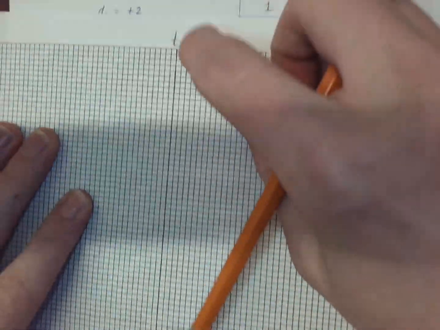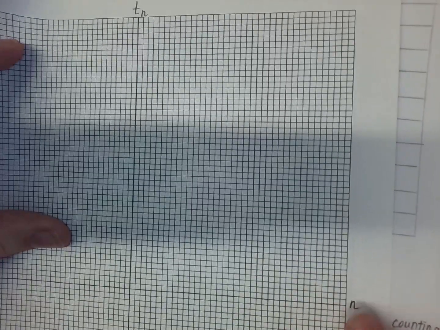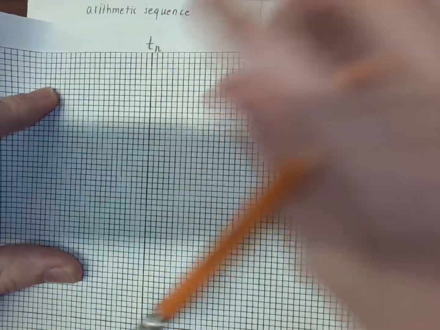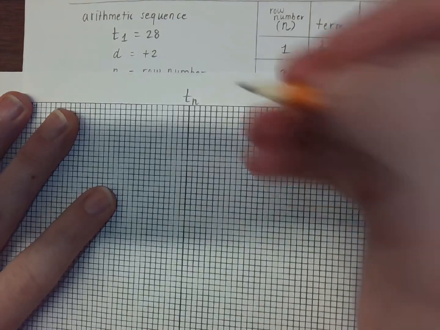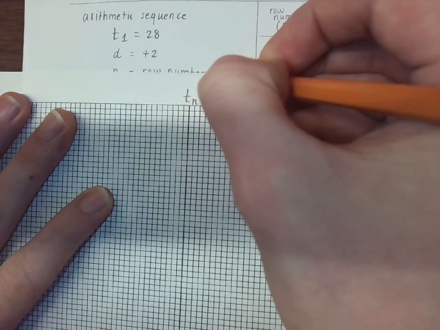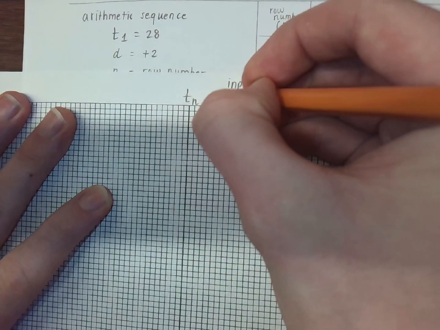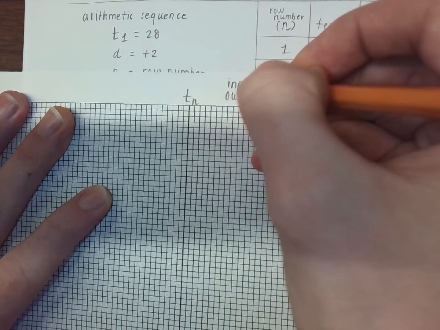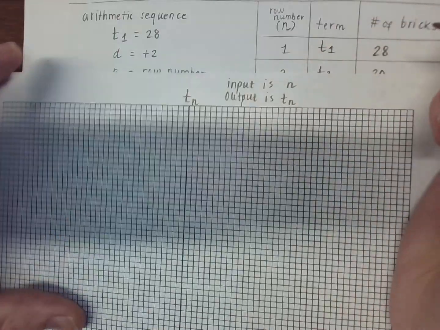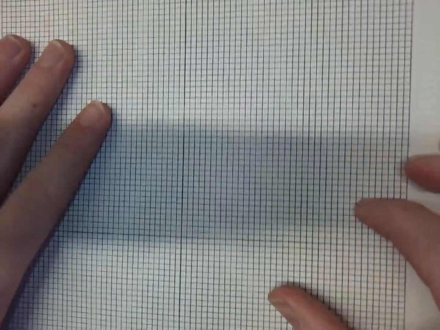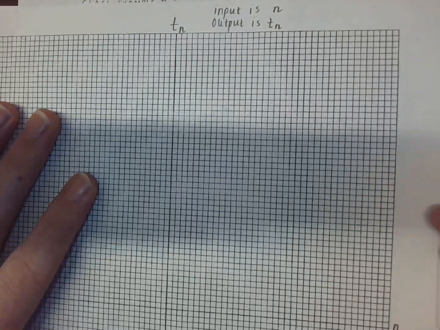So instead of x, y, my input is my n value, my output is my Tn. So let me just write that here. Input is n, output is Tn.